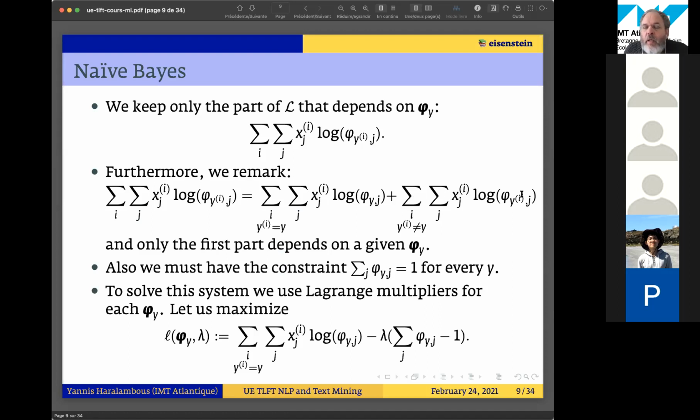So this is a very simple splitting into two. And this splitting allows me to write here a y at this location, because all of these documents belong to class y. Now, if I'm looking for those depending on phi y, then it's only the first part of my sum.